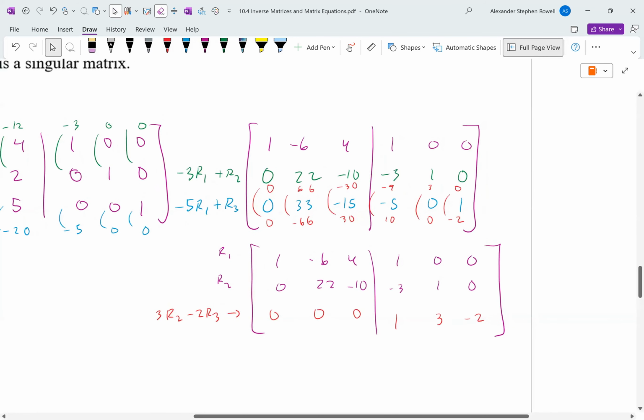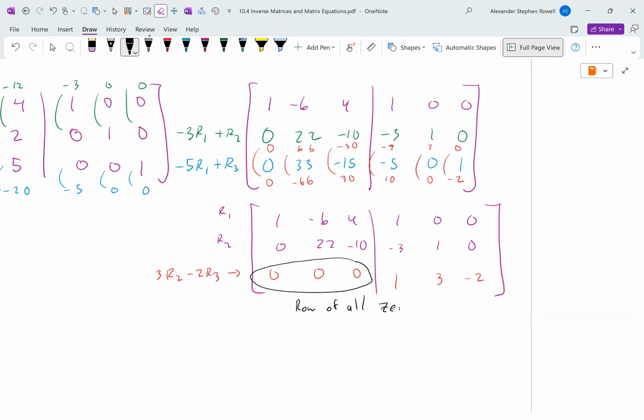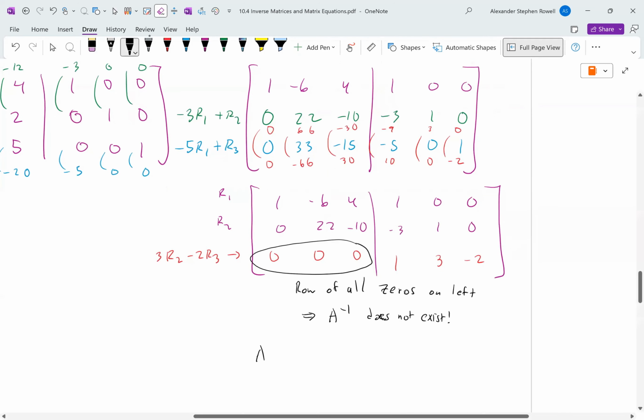Okay, so if I have a row of all zeros, it makes it impossible to get the identity. So a row of all zeros on the left implies A inverse does not exist. So we say that A is a singular matrix.